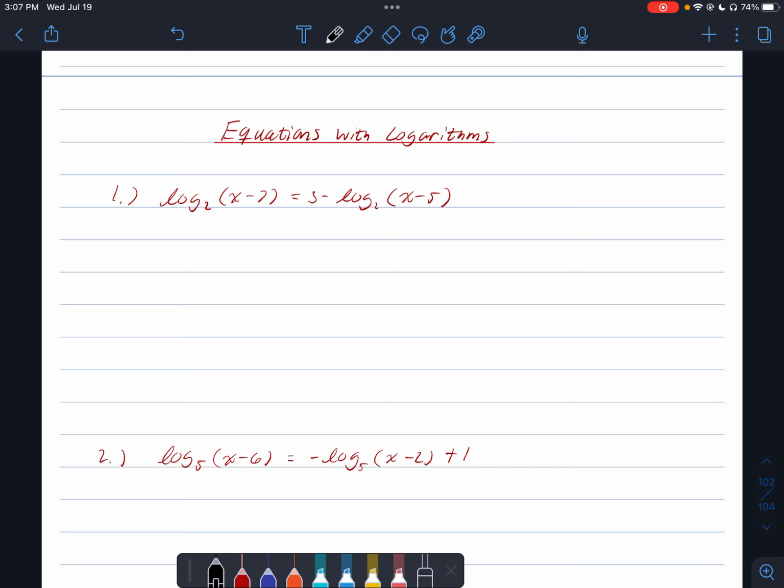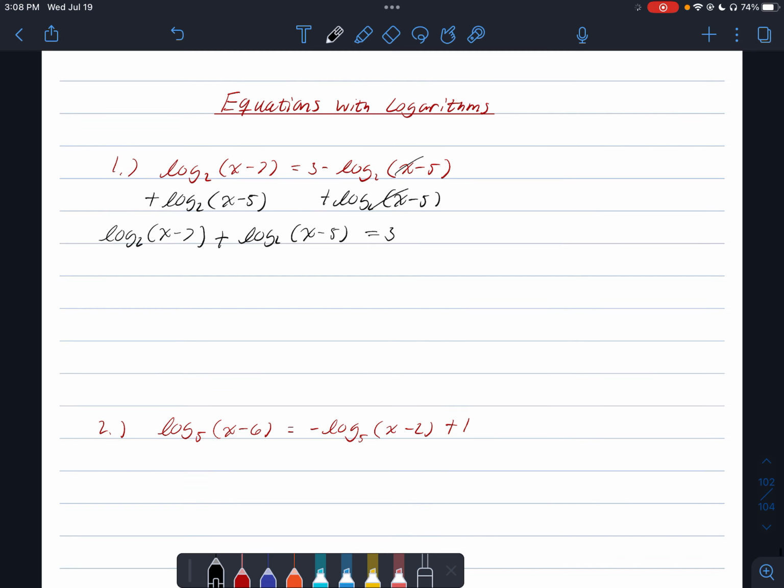So let's get all of the logs with x's in them on one side. So we can start by adding log base 2 of x minus 5 to both sides. So these will cancel, and we'll end up with log base 2 of x minus 7 plus log base 2 of x minus 5 is equal to 3.